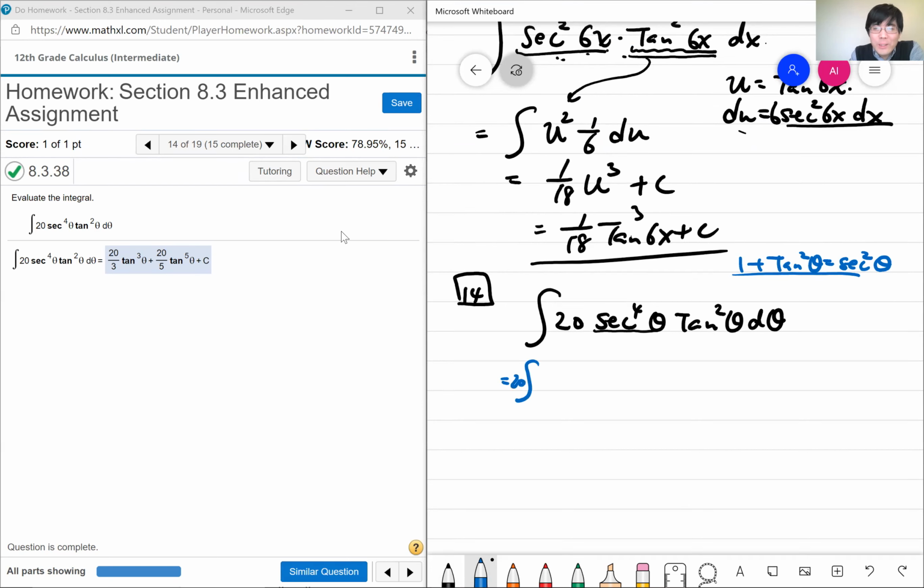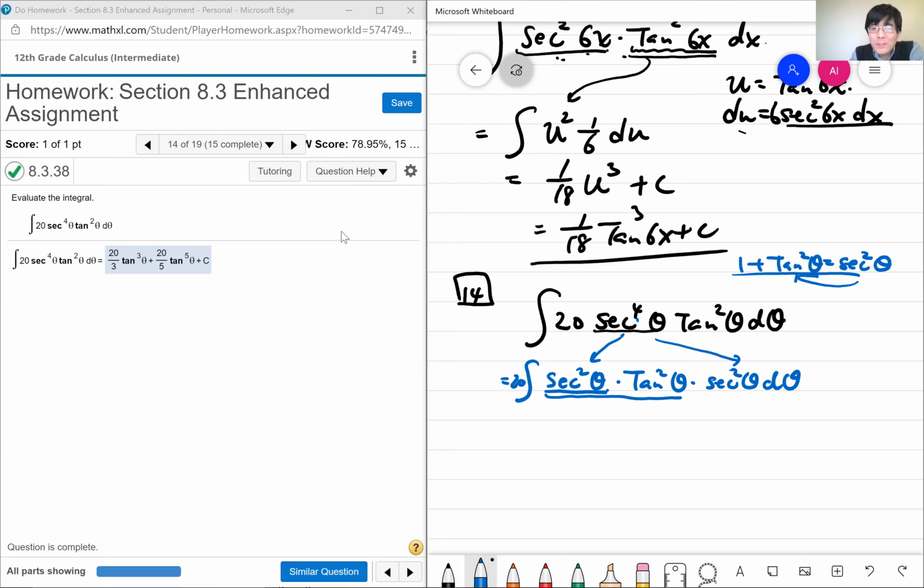So 20 can be put out. Secant to the 4th can be split into secant squared and secant squared. We split the 4th power into squared and squared. And you can rewrite this one in terms of tangent.